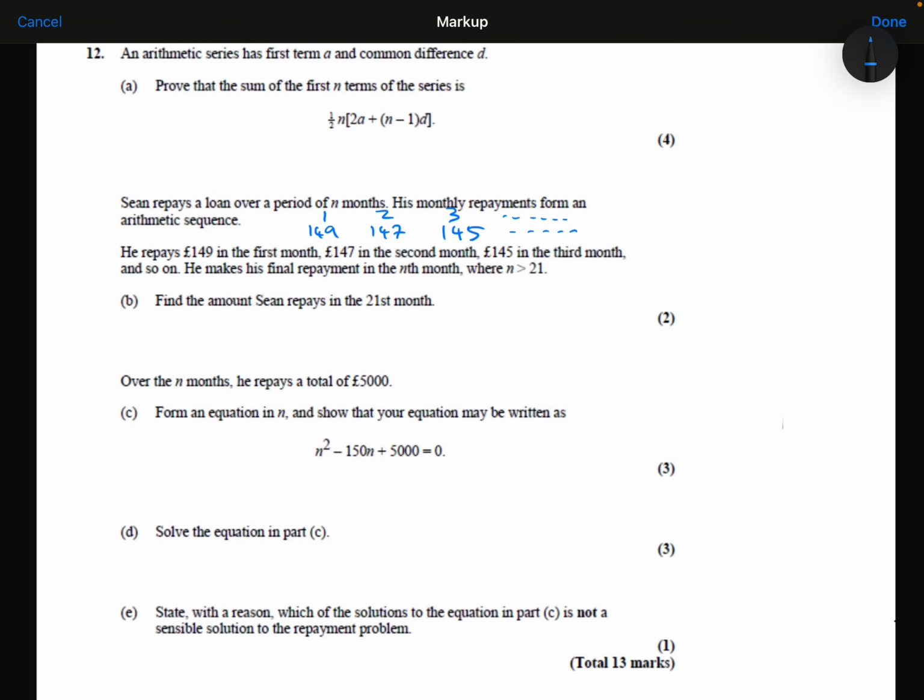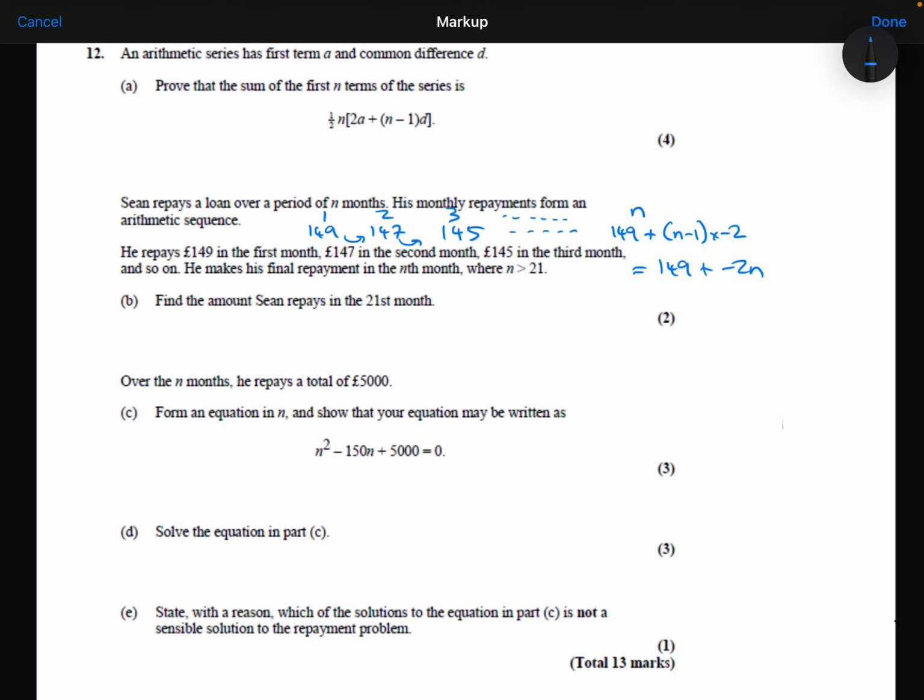So let's get our nth term formula. The first term is 149, and we're adding n minus 1 lots of the common difference, which is minus 2. It's going down by 2 each time. So 149 plus n times minus 2, so that's going to be minus 2n.